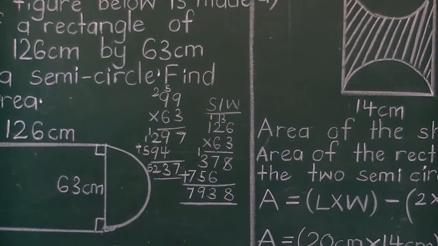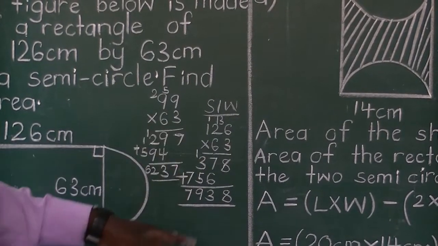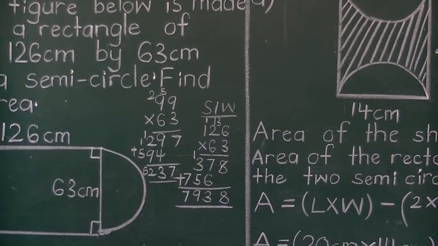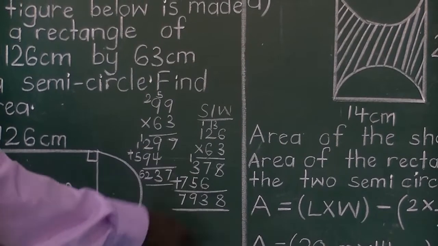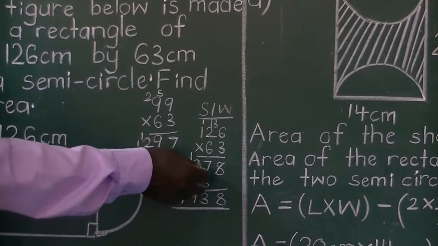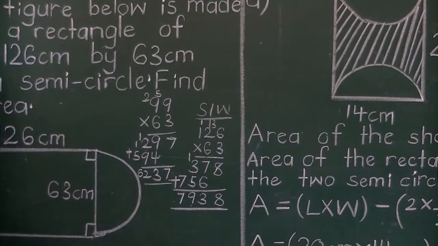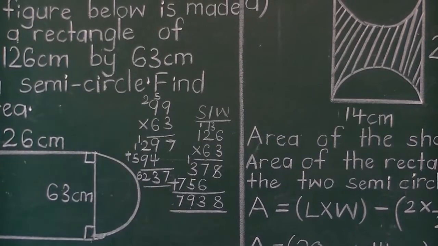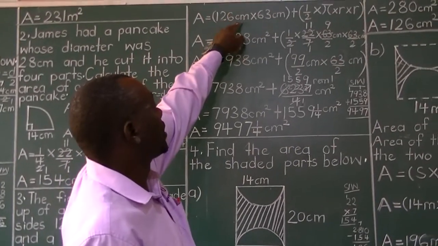Then 6 times 2 is 12. 12 plus 3 get 15, write a 5, regroup 1, the next number. 6 times 1 is 6 plus 1, get 7. And then add here. Write 8, 7 plus 6 get 13, write 3, regroup 1. And then 1 plus 3, get a 4 plus 5, get a 9. Then 7 down. So 126 times 63, you get 7,938. That's what is here, 7,938.